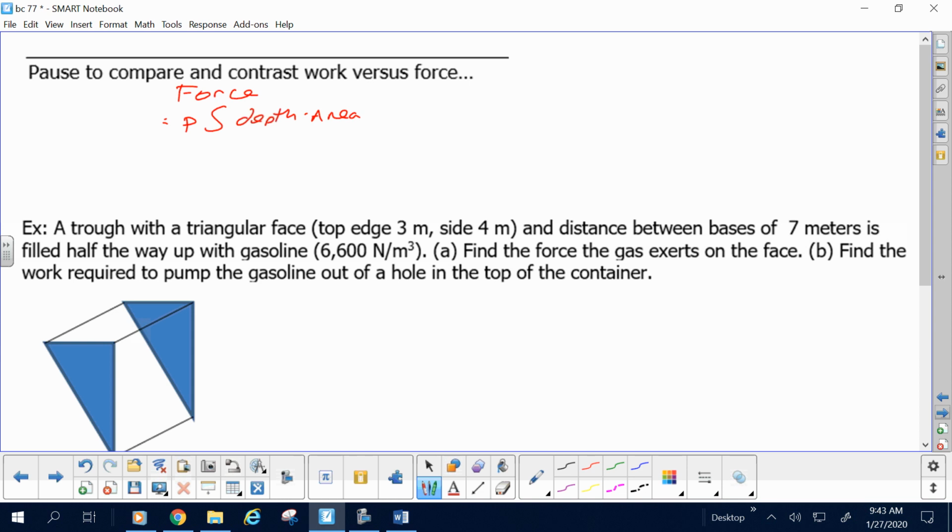Now, on the limits of integration, the bounds for the integral go from fluid low to fluid high. I'm only calculating the force that the fluid itself exerts on the face, not any airspace up at the top, so you should only be focusing on the fluid here. Depth: I don't care if the top of the container is 1 billion meters tall or 2 meters tall. Depth matters not one bit to the container.